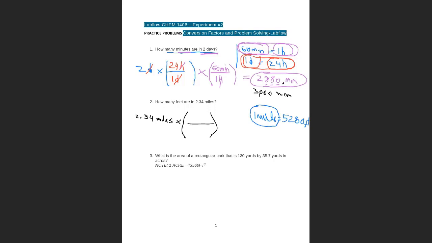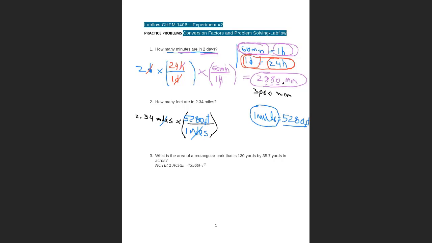Message me. 1 mile, which down. Awesome, John. Exactly. I have to put miles down because I want miles to cancel, and also because I want feet on the top. So that will be 5,280 feet.